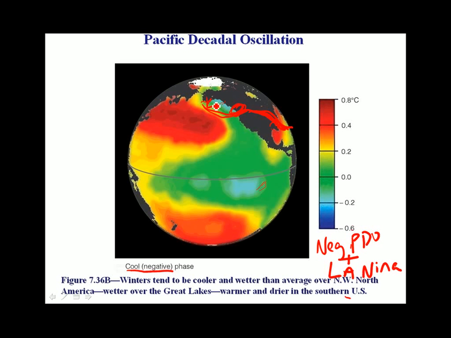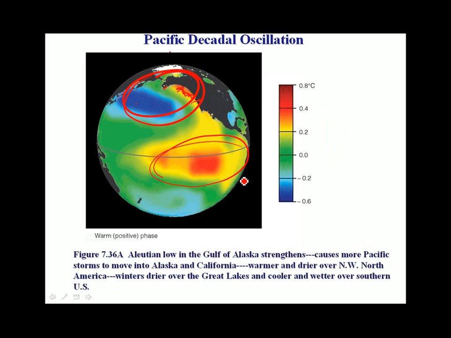So what I'm looking at is cooler than normal waters up over the coast from Washington to Alaska, and then looked at cooler than normal waters over the equatorial Pacific, which was La Nina. And then I compared them with the positive phase, where I had positive PDO plus El Nino.